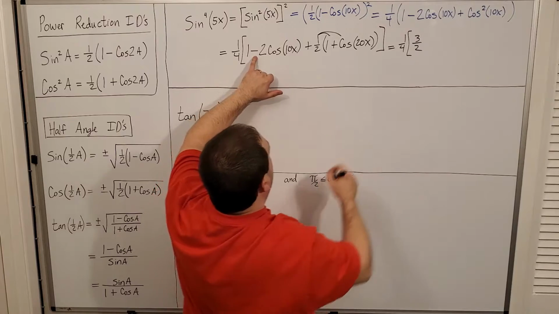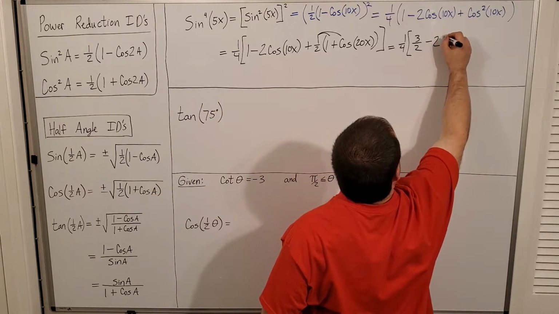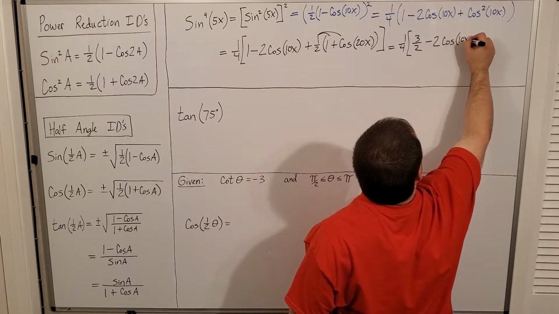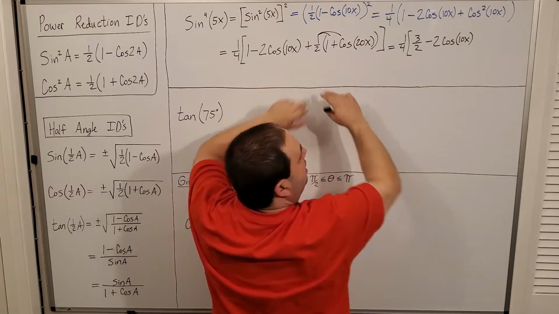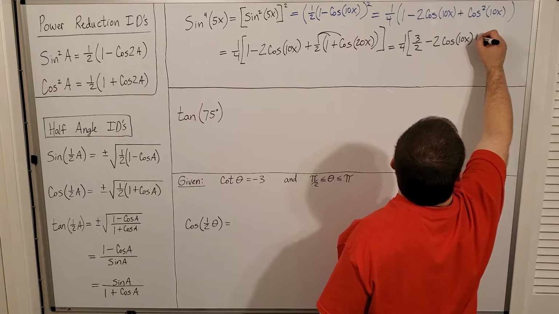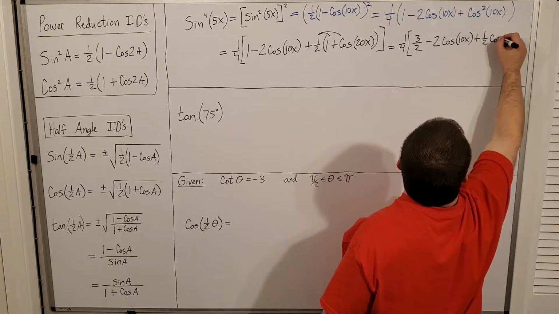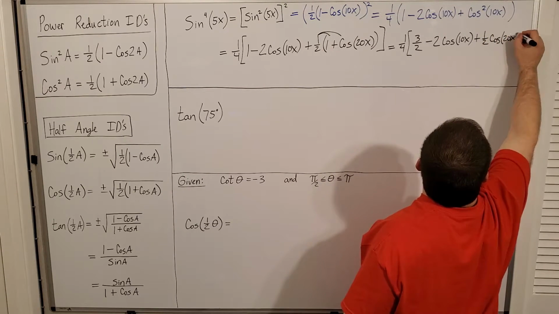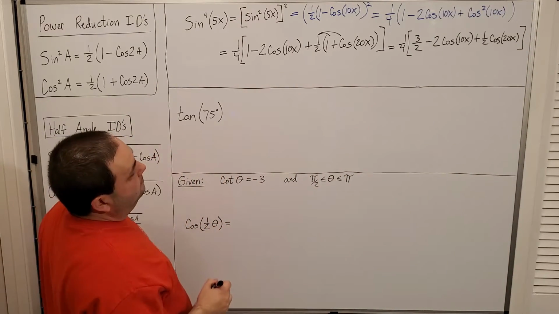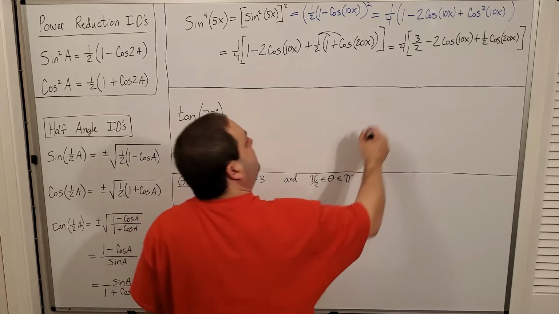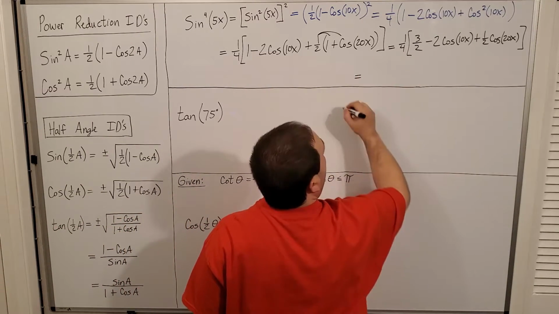Then I've still got the minus 2 cosine of 10x, and now I'm going to have 1/2 cosine 20x, like so. Okay, so final step, I'll go ahead and distribute the 1/4.